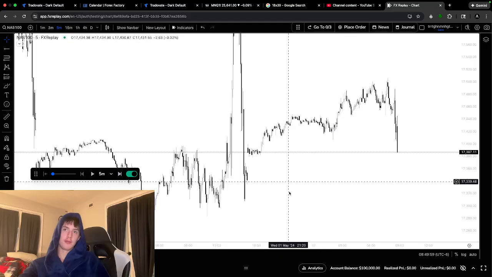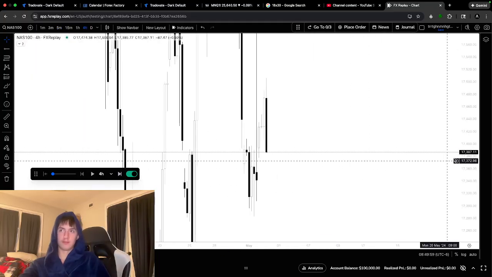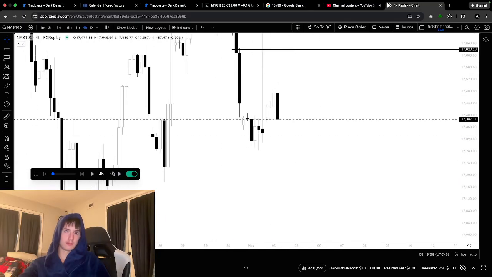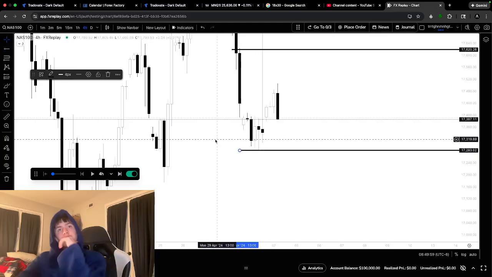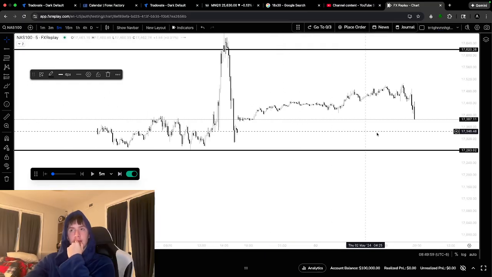So what I would look for is, actually, let's go back to the 4-hour. I need to have a draw on liquidity in the opposite direction. We'll target the lows because there's no other fair value gap right here. And then we go back to the 5-minute.